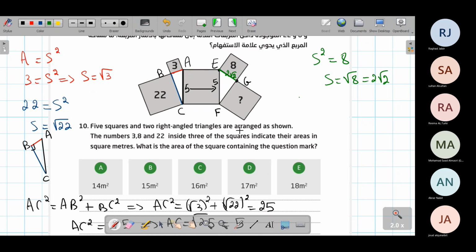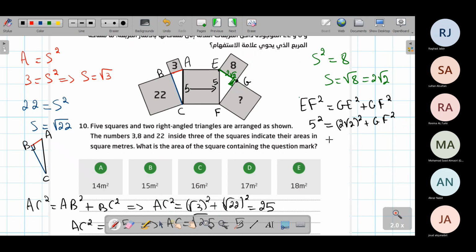Right. I want to calculate FG in this triangle. This is the right triangle. Also, according to which theorem, Rima? Pythagorean theorem. We will say that EF squared equals GE squared plus GF squared. Now I have EF, which is 5 power 2, equals GE power 2, 2 radical 2 power 2, plus GF, the side that I should calculate.